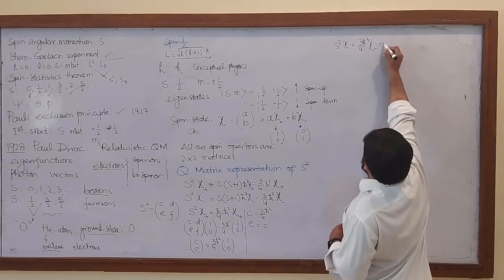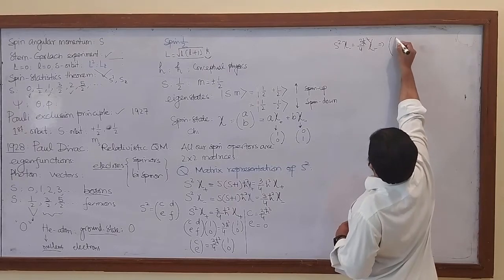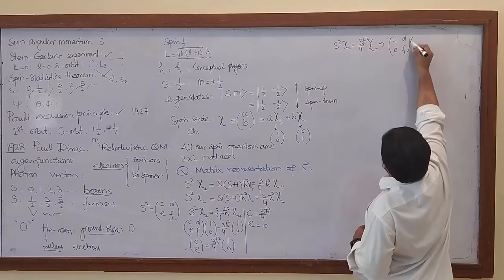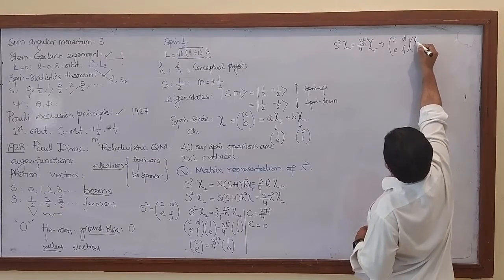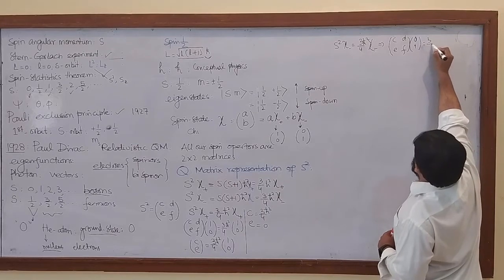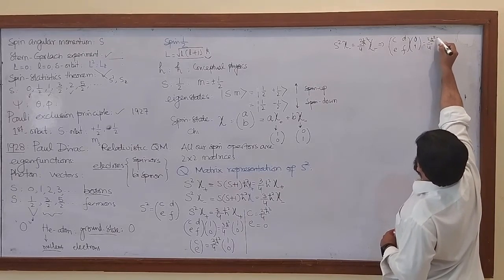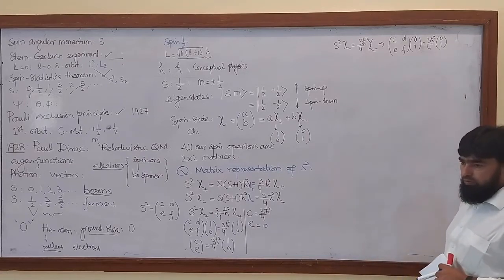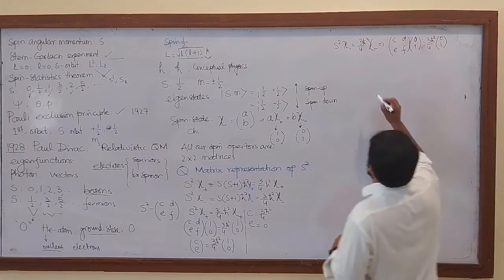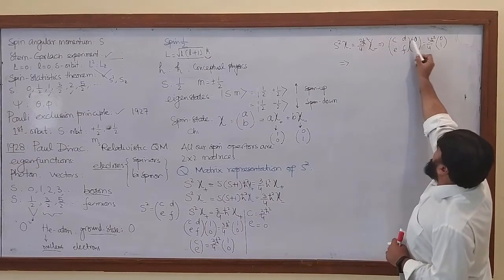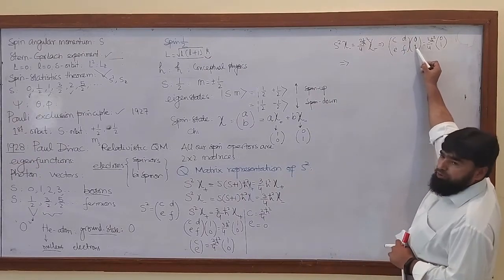This implies that we write C, D, E, F, and for chi minus 0, 1, and this is equal to 3 over 4 h bar square times 0, 1. Now this implies that C is 0, D is 1.